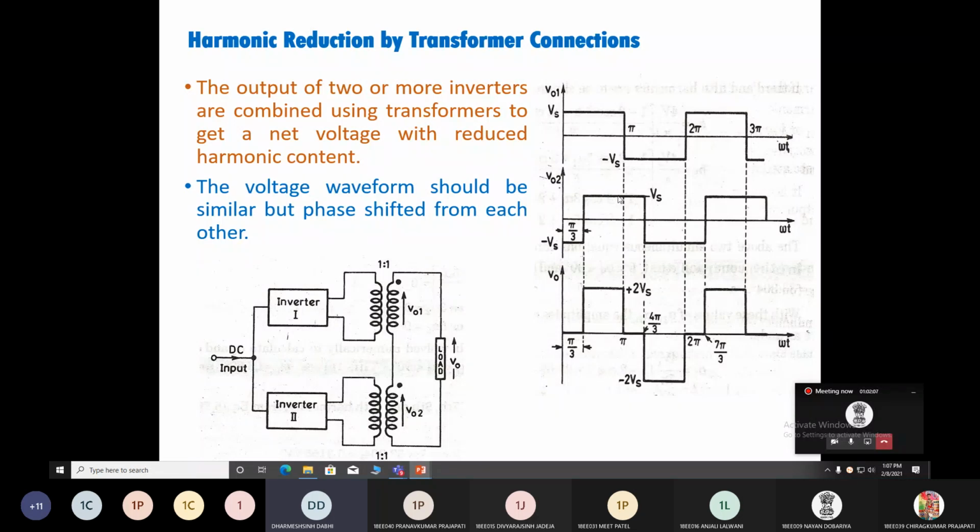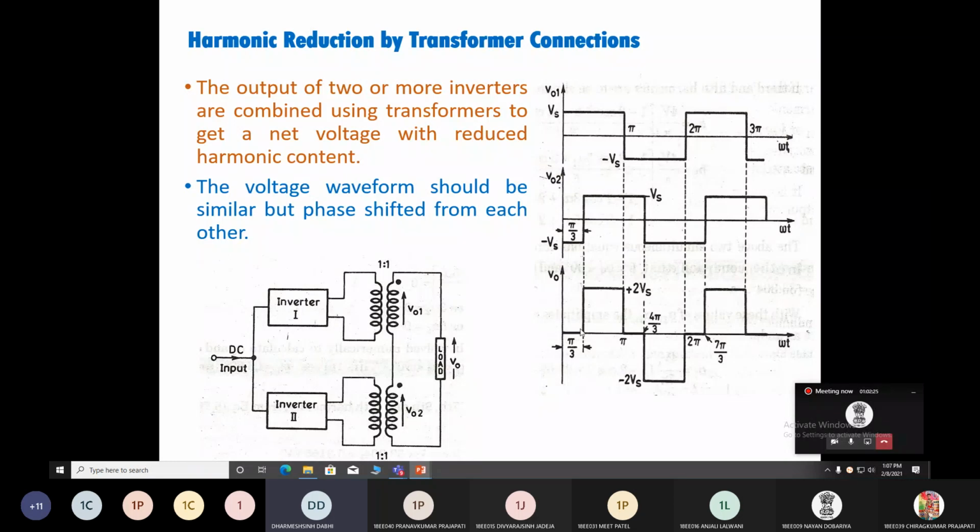So when both are on, V01 is positive and V02 is positive. At that time you get Vs plus Vs, the 2 Vs here. After that, V01 becomes minus Vs and V02 is plus Vs. So the resultant is 0. Okay.